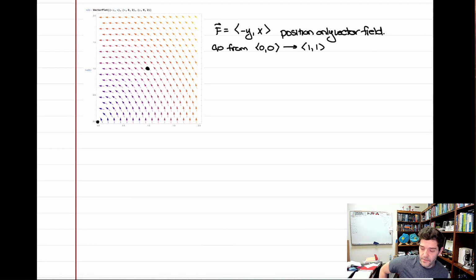But I want to do it in 3 different ways. I want to do 2 ways that are exactly the same path, but I parameterize them differently. So again, you can see that the parameterization doesn't matter. And then I want to do it with a different path compared to the first 2.